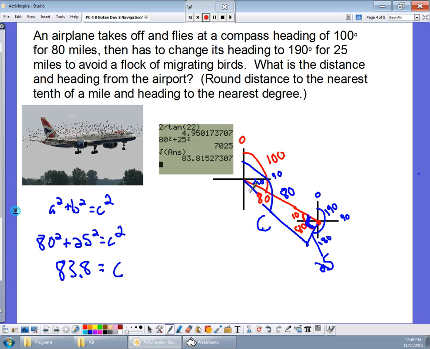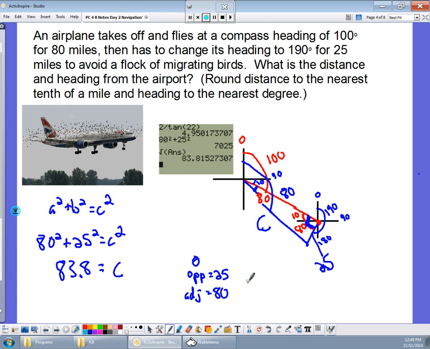The second question is the heading. So what I'm going to do is work to find this small angle in here. If we think about this angle in terms of trig, I have an angle we'll call theta. That's what I want to find. And it looks like I know my opposite side is 25, and I know my adjacent side is 80.